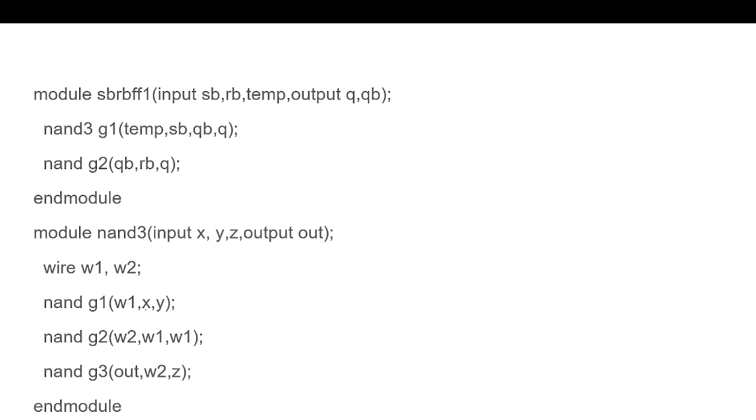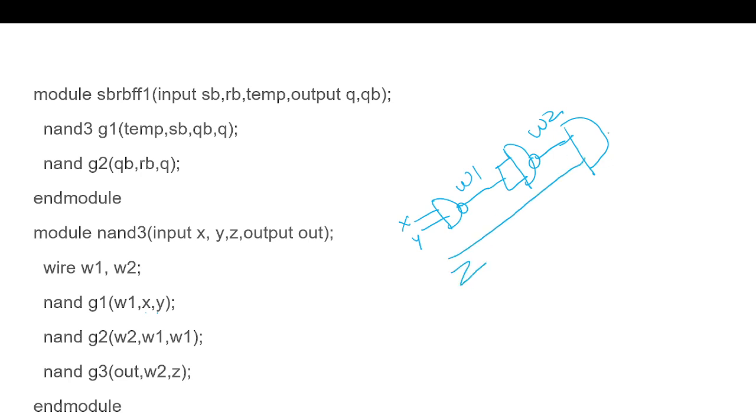So we take X and Y, apply a NAND operation, and get W1. Then I apply this twice and get W2. Then I apply W2 with Z and get the final NAND output.